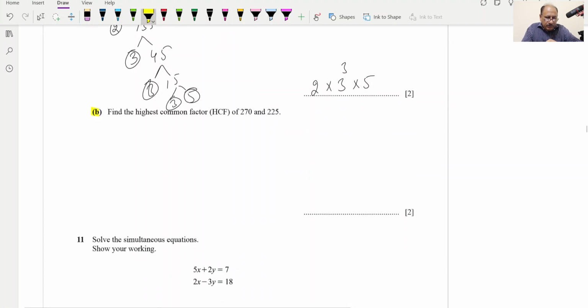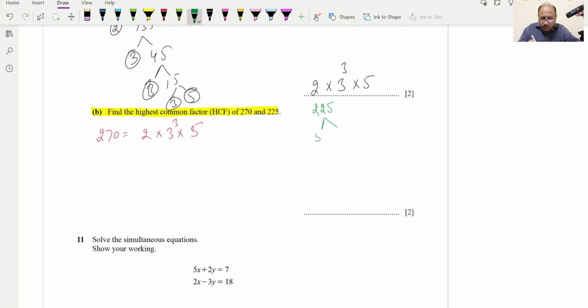Now part B, find the highest common factor, HCF, of 270 and 225. So for 270 we have already written the prime factors, and the previous answer I am copying from the A part. Now we can draw a tree for 225. So the 225 prime factor tree.